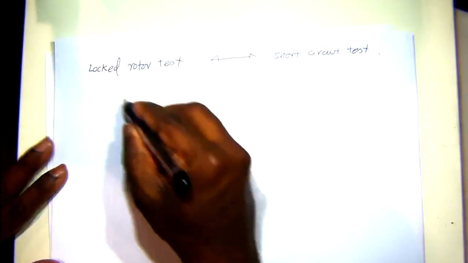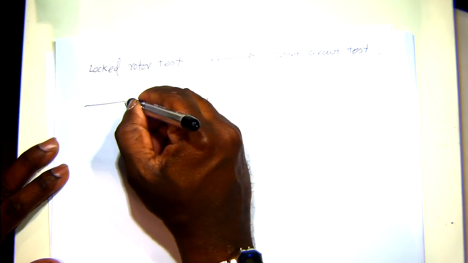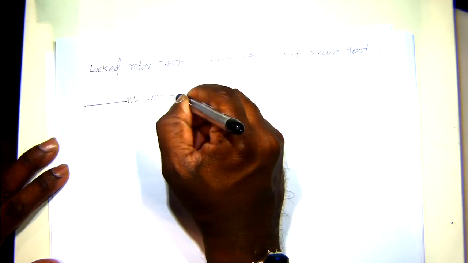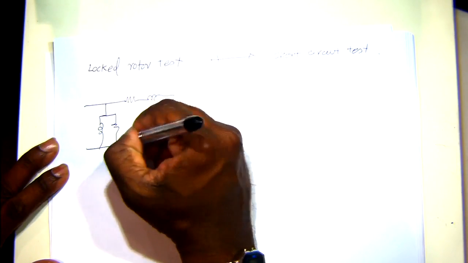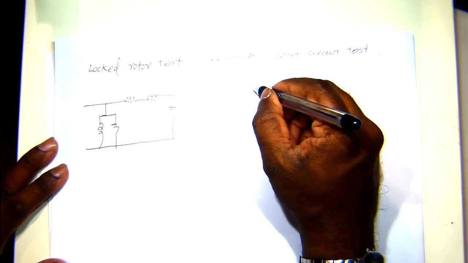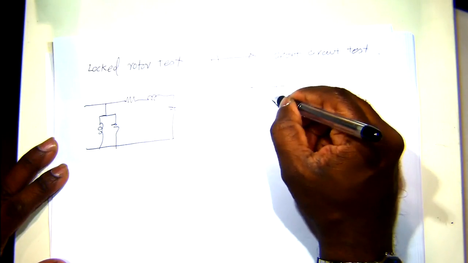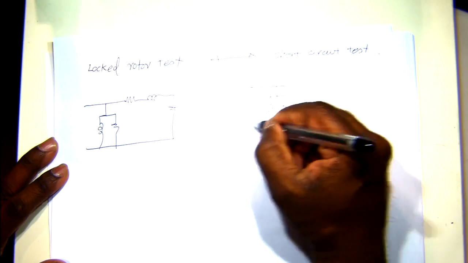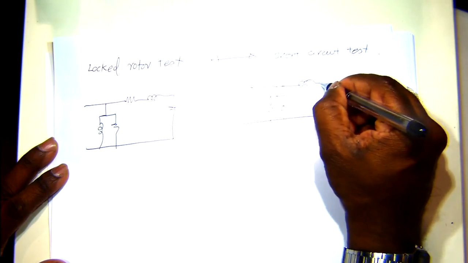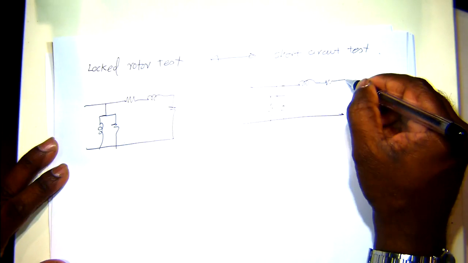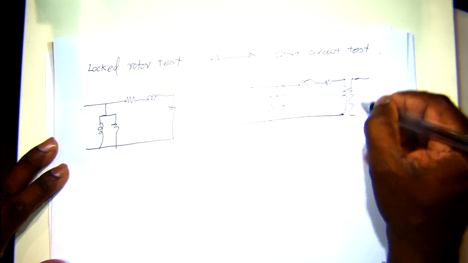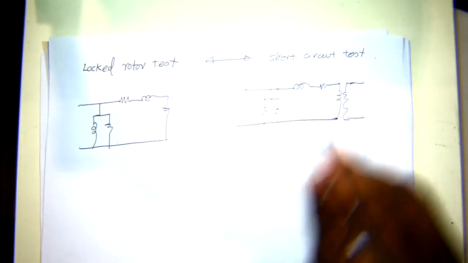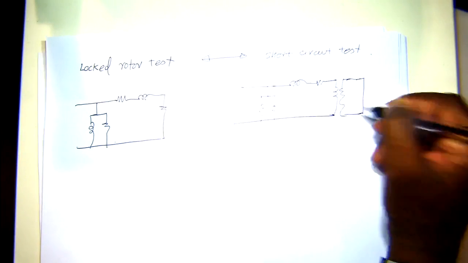In the induction machine, we have this type of equivalent circuit here, and for the transformer we had a similar circuit as well. So this is for the transformer, with the primary and the secondary, and in the transformer we short circuit the secondary.